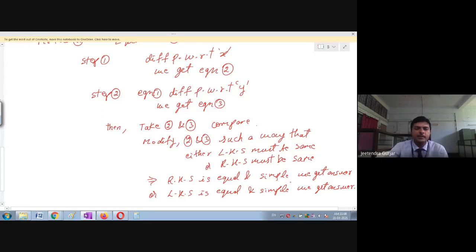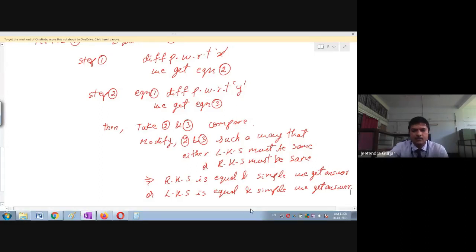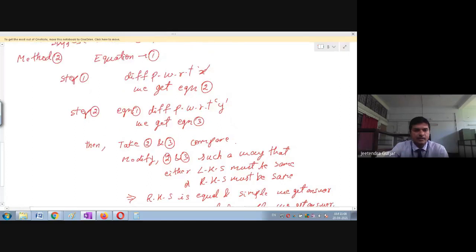So please remember this step. Once again I will repeat. In the second method, the equation is given. Step 1: differentiate partially with respect to x. We get equation 2. After simplifying, modify this equation in such a way that the LHS must be the same.